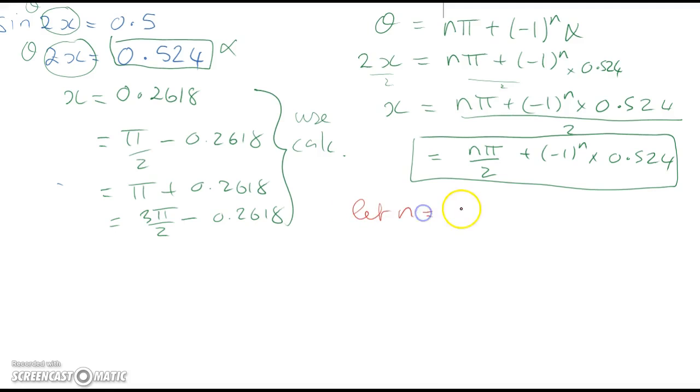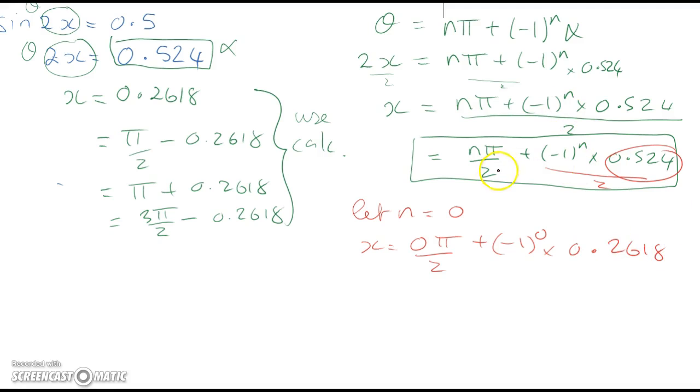Let n equal 0. I have x then equals 0 times pi over 2 plus negative 1 to the 0 times 0.524, over 2. So that is going to be 0.2618. Sorry, I'm dividing the whole thing by 2.